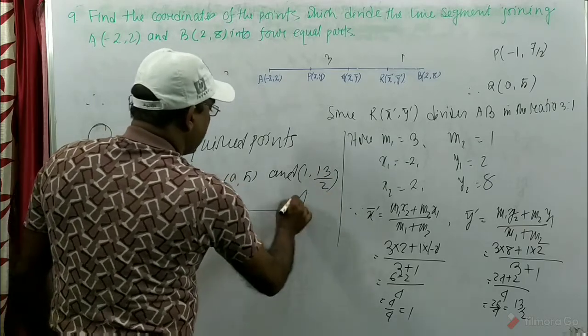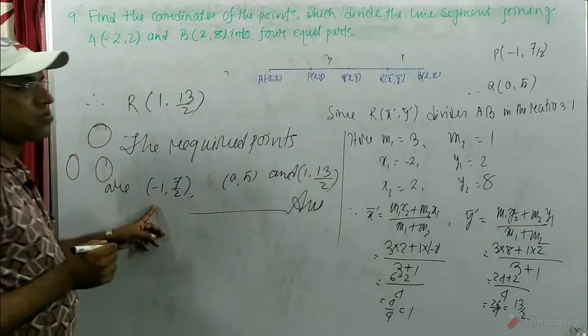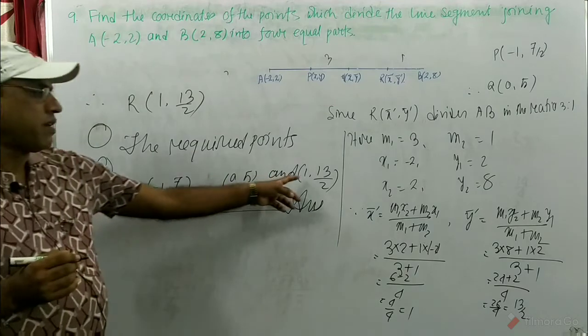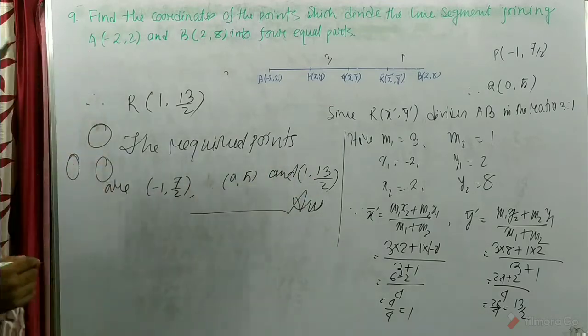These are the answers: -1, 7/2, 0, 5 and 1, 13/2.